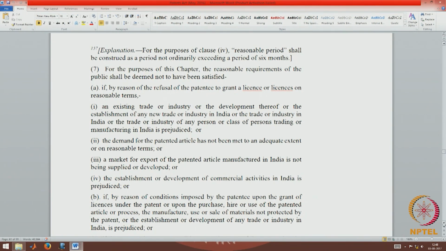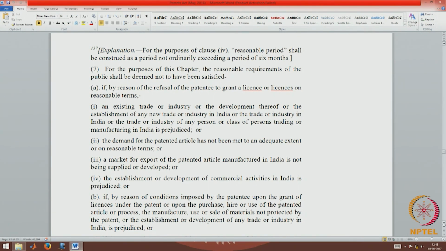So, the applicant approached the patentee for a license and the patentee refused the license on reasonable terms. As a consequence, 1. An existing trade or industry or development thereof, or the establishment of any new trade or industry in India, or trade or industry of any person or class of persons trading or manufacturing in India is prejudiced.